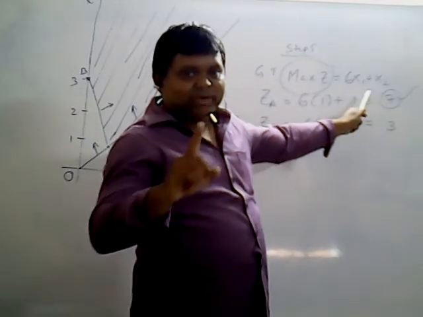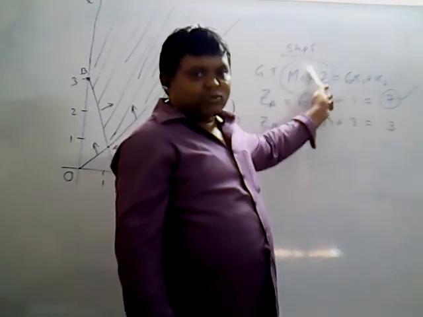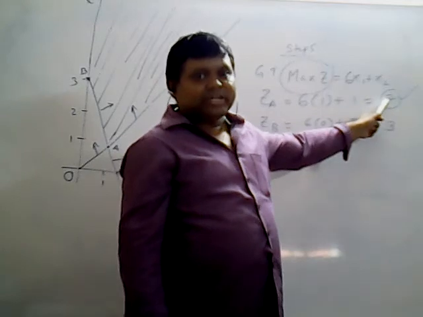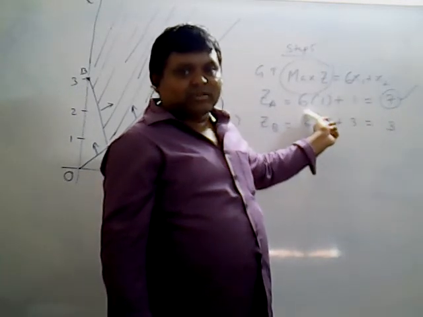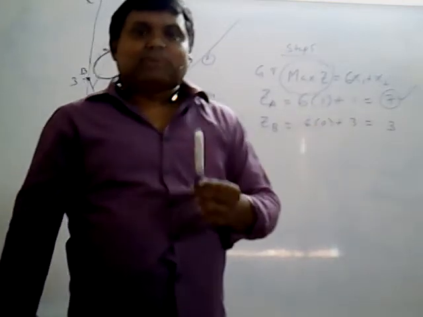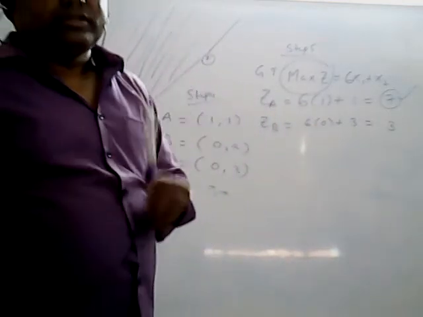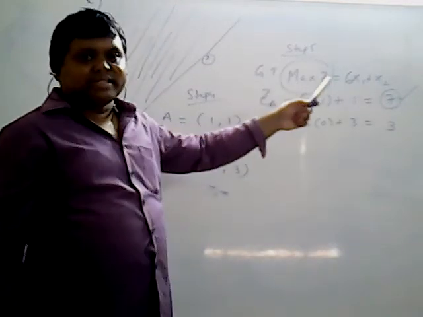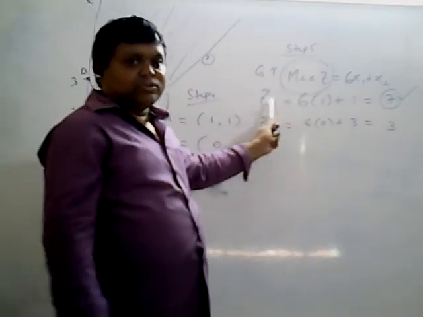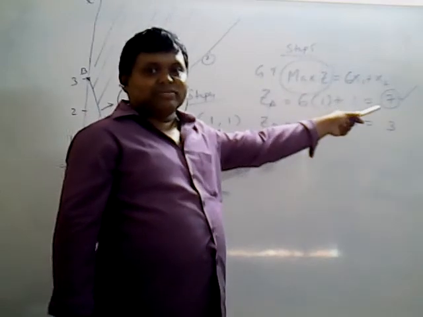If any one point exists that gives more than 7, then this is wrong. Proving with only one point is enough. If I get more than 7, obviously you cannot say that the maximum value is 7.